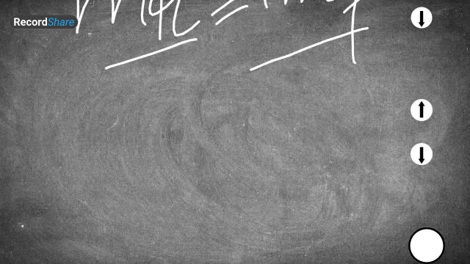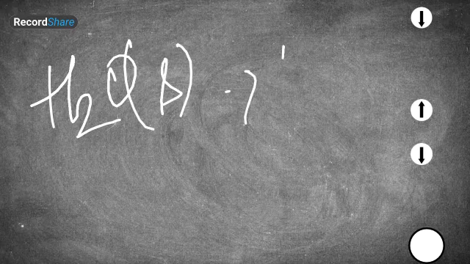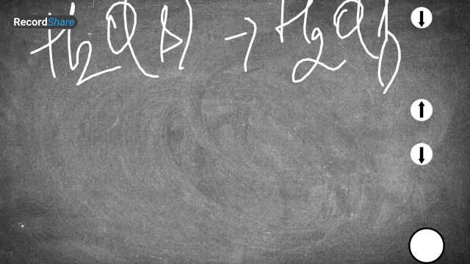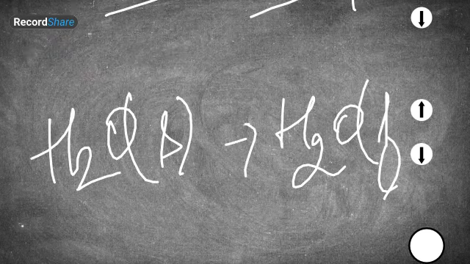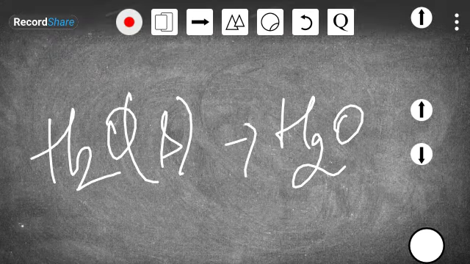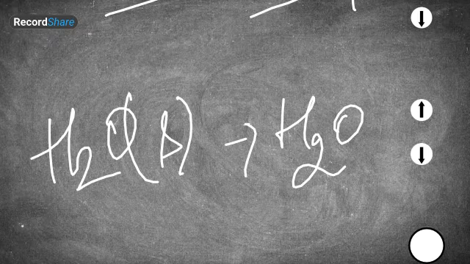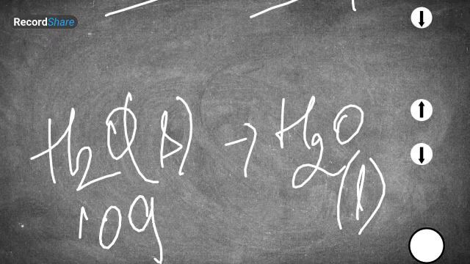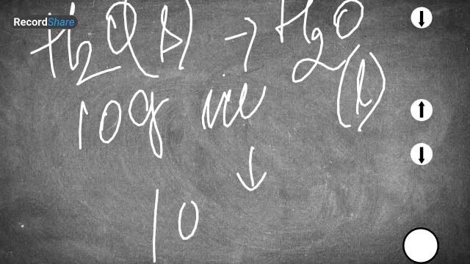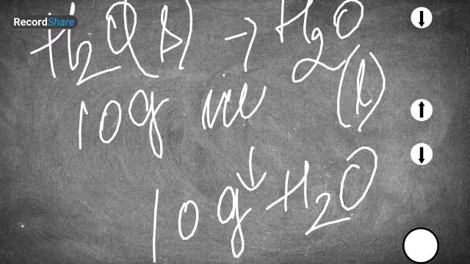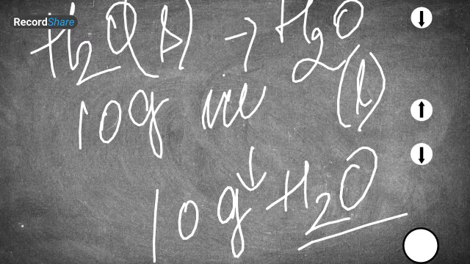For example, if we are having any physical change like water solid converting into water liquid, if we were having 10 gram ice, then we will get 10 gram water. So this is basically law of conservation of mass.